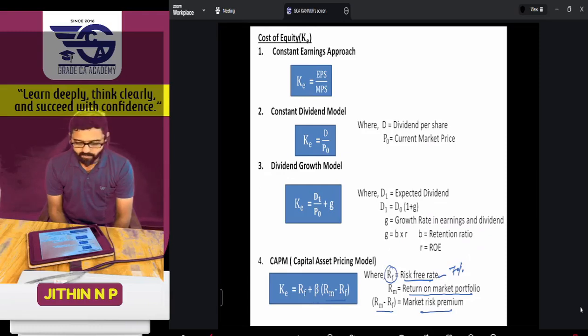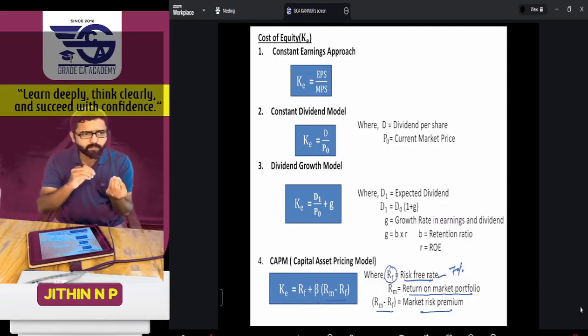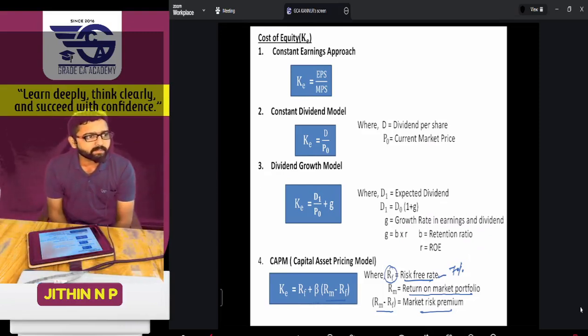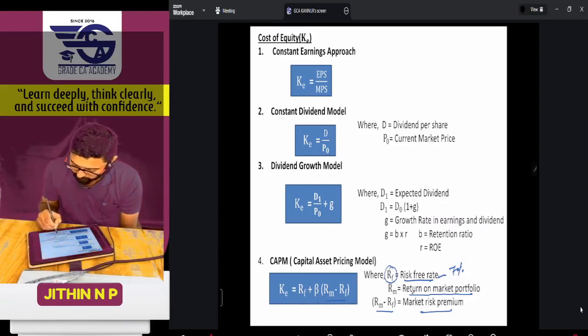Suppose I am investing in some software business. There are a lot of software companies, Infosys, Wipro, and other small companies in our town also. If we invest in any software company, there will be an average market return for that software company. That average market return is called the return on market portfolio.